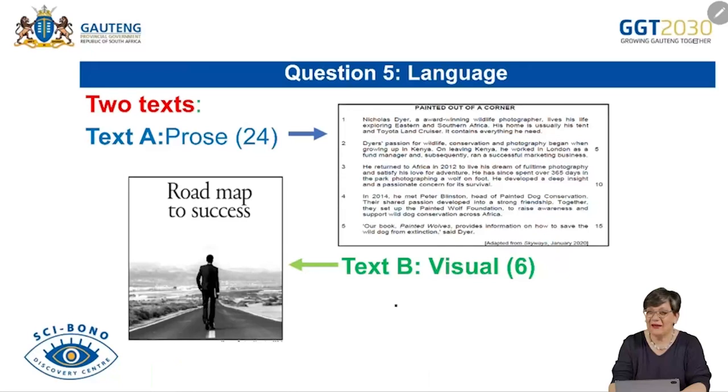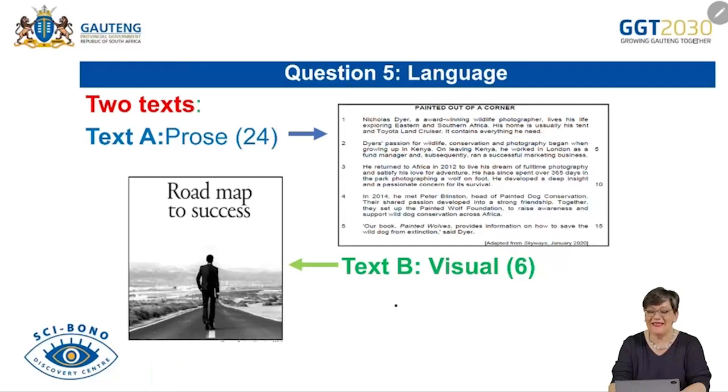I'm going to take a minute and quickly read it to you because I'm going to base some of the practical questions on this paragraph or paragraphs. Let's quickly run through it. Painted out of a corner. Nicholas Dyer, an award-winning wildlife photographer, lives his life exploring Eastern and Southern Africa. His home is usually his tent and Toyota Land Cruiser.